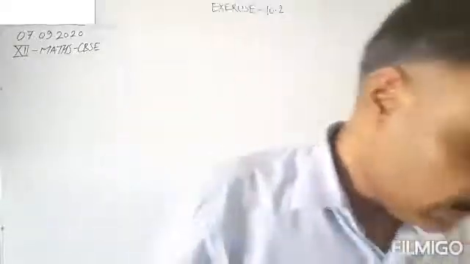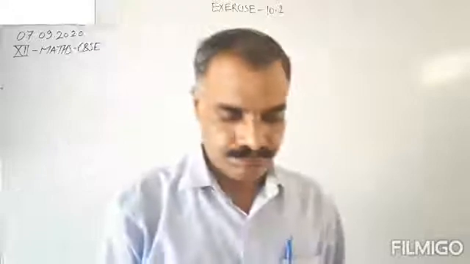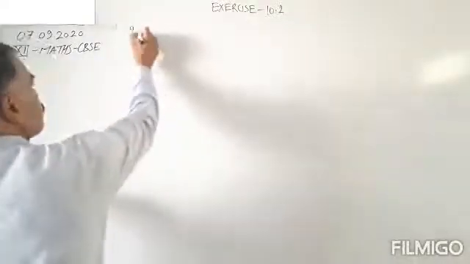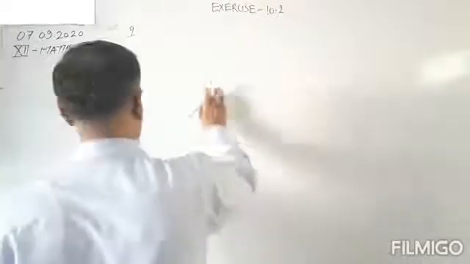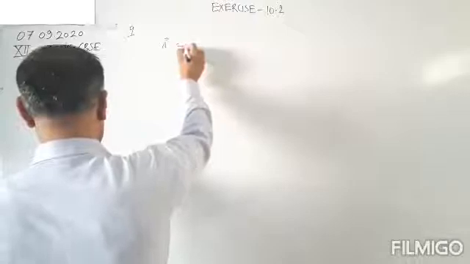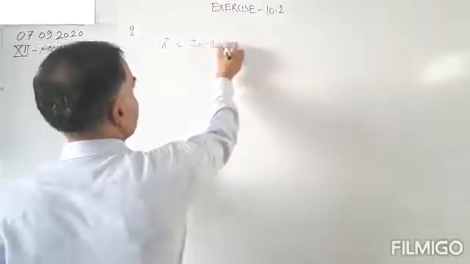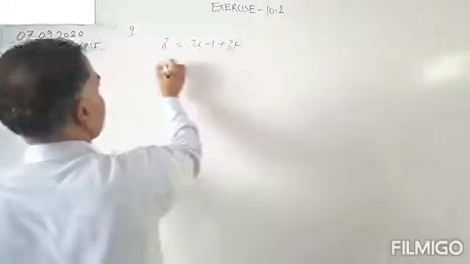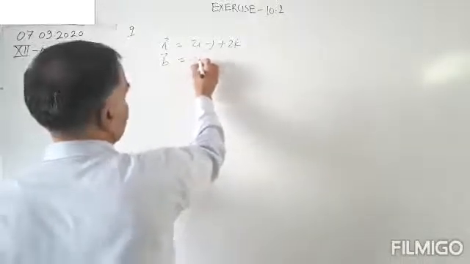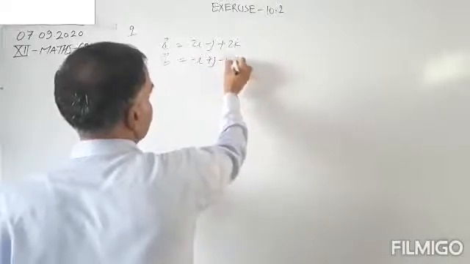Now the next question in the same exercise, that is question number 9. We have been given a vector, 2i minus j plus 2k cap, and b vector, that is minus i plus j minus k cap.